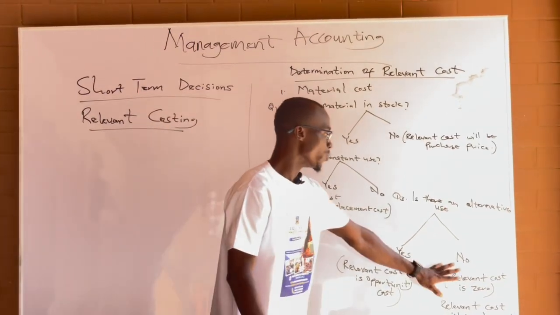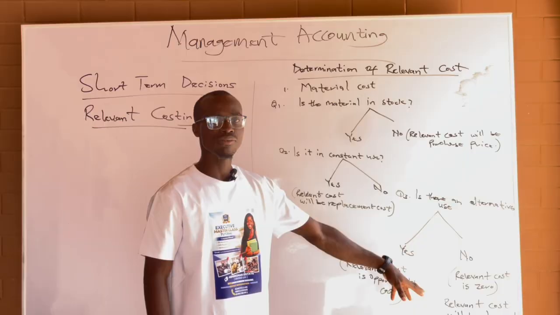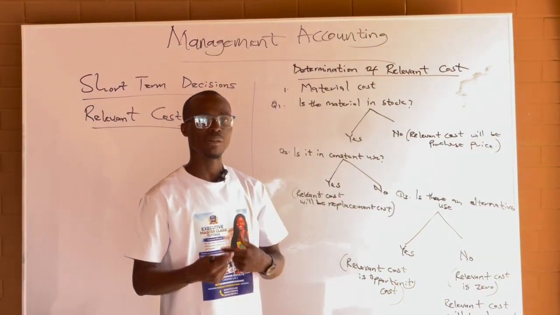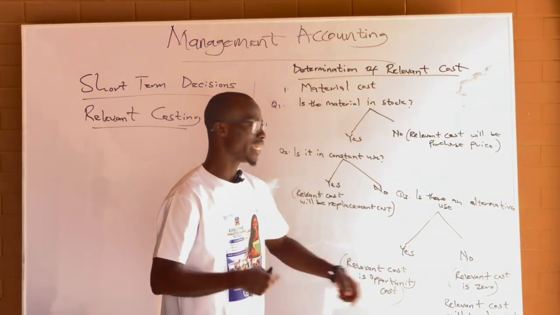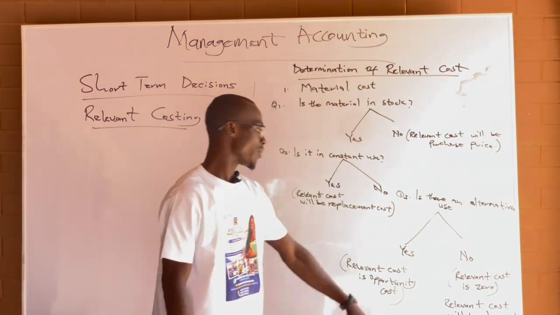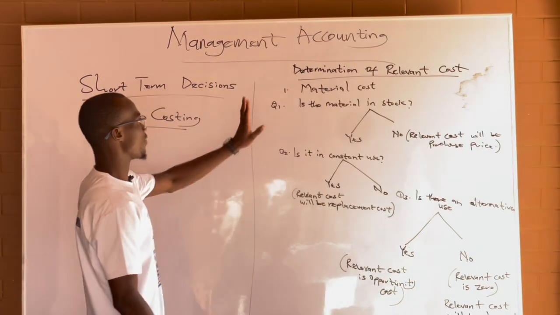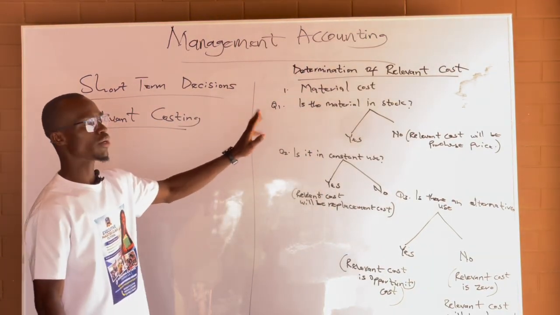But if there is no alternative use, the relevant cost is zero. Or sometimes you need to incur some cost before you can dispose of it, and then the relevant cost will be the disposal cost. So, ladies and gentlemen, this is how you determine the relevant cost of material.